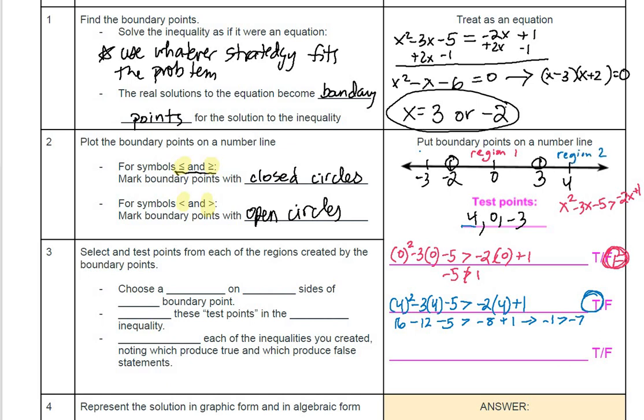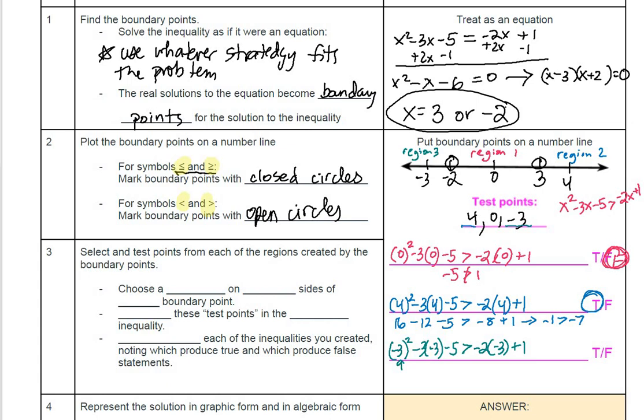Now I'll do the last region, region 3. So now I'm plugging in negative 3. That's negative 3 squared minus 3 times negative 3 minus 5 is greater than negative 2 times negative 3 plus 1.